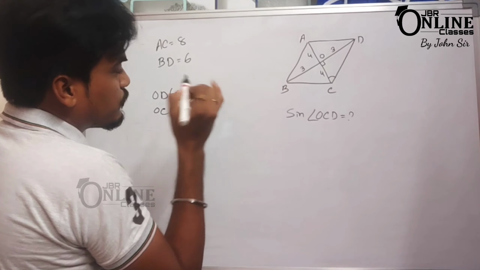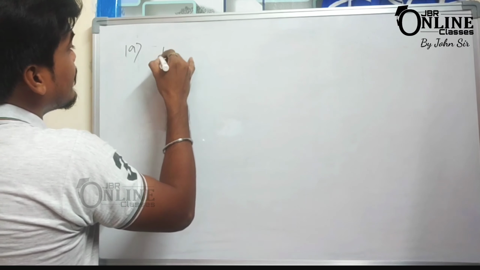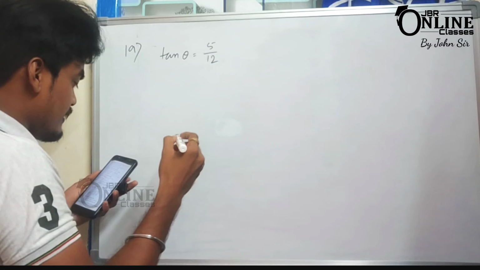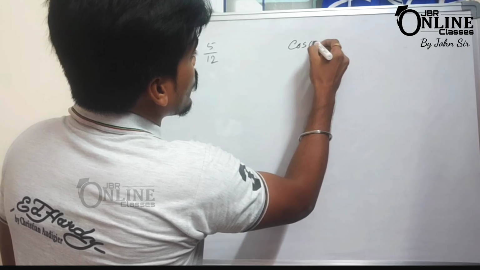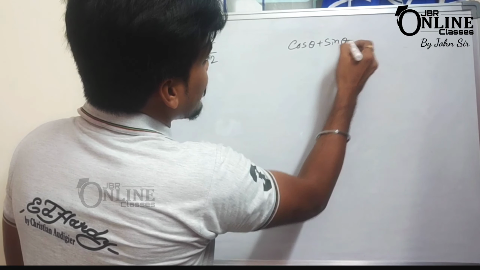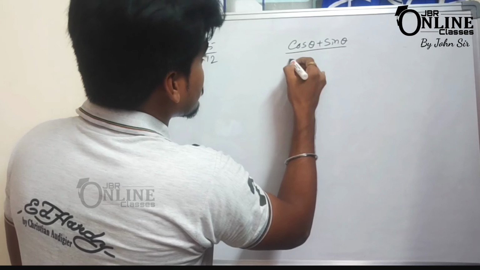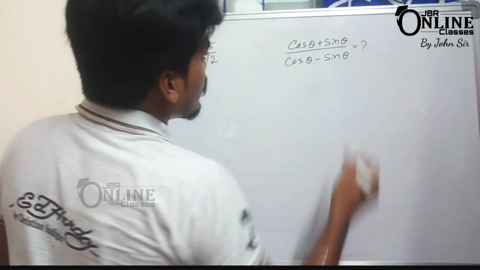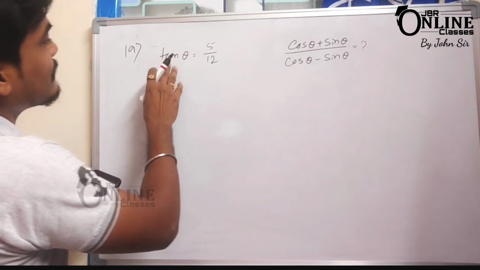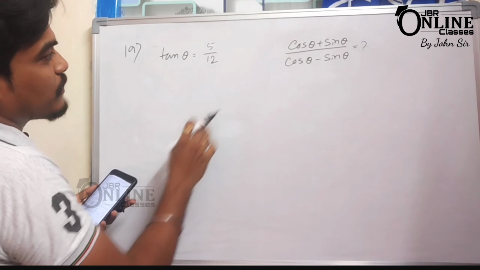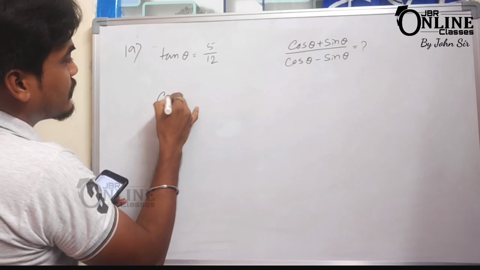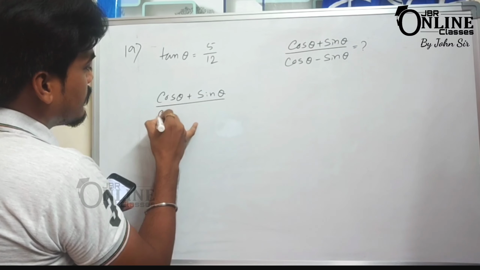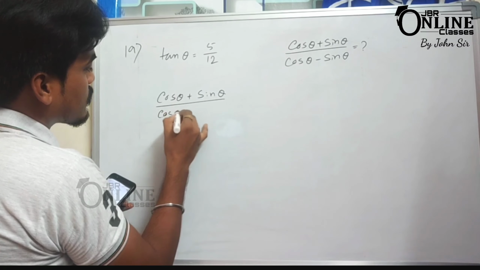Next, sum number 19. If tan theta equal to 5 by 12, then you have to find out cos theta plus sin theta divided by cos theta minus sin theta. So first write down cos theta plus sin theta, then cos theta minus sin theta.